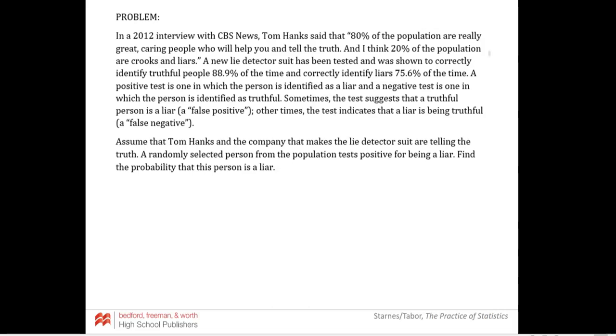Then of the 80% who are truthful, you would break it out into test positive or test truthful, so to speak, which is 0.889, which means 1 minus 0.889 would be the liars.